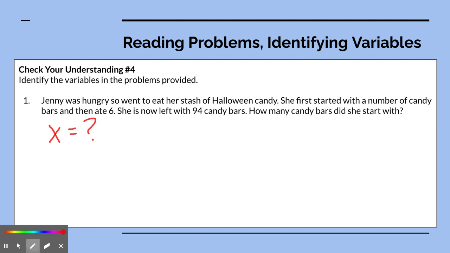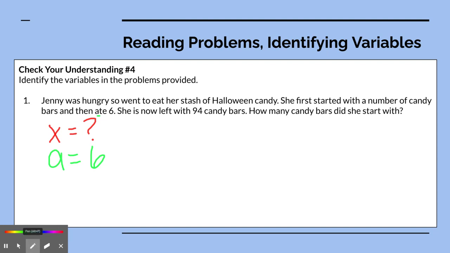But what we do know: she ate 6 of them. So I'm going to say A, because 'ate' has an A in it. 6 candy bars. It'll just be 6.